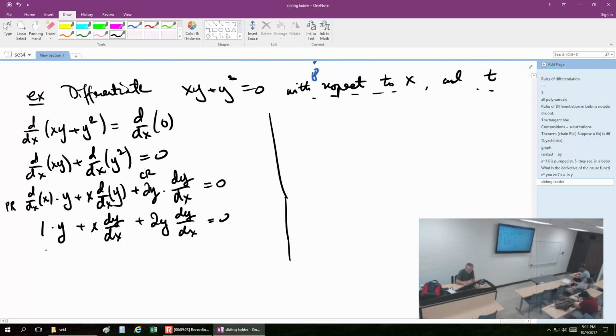Frequently what you are asked to do is to solve for dy/dx. So let me just quickly write what it is. dy/dx will be, what is it? Minus y divided by x plus 2y.